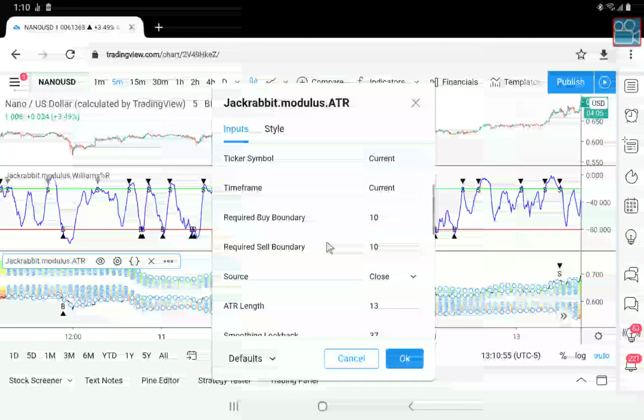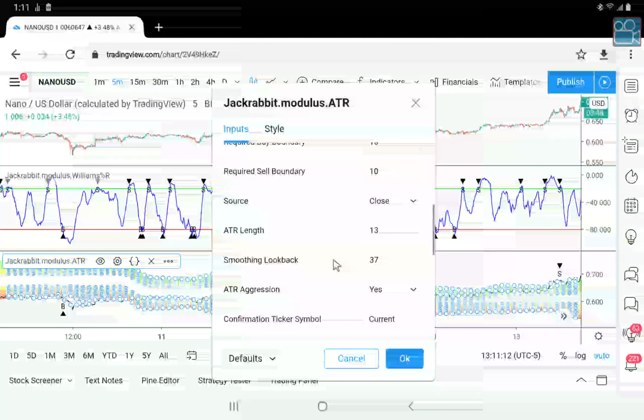So, what looks complicated, if you know what to change, is simple. If you don't know what to change, or you don't know how to match these two up, this can be a nightmare. So putting ATR in aggression mode, remember that.